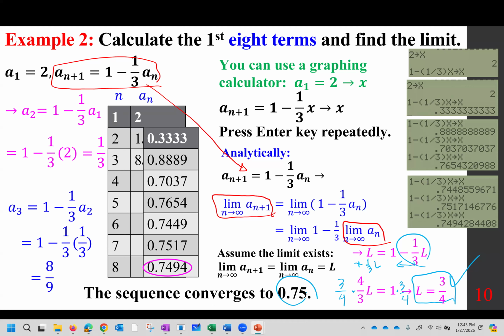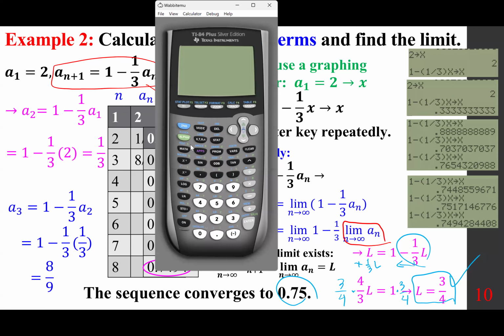As far as the calculator part is concerned, you can put 2 stored in X. Okay.